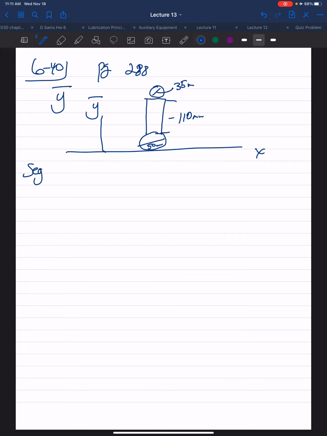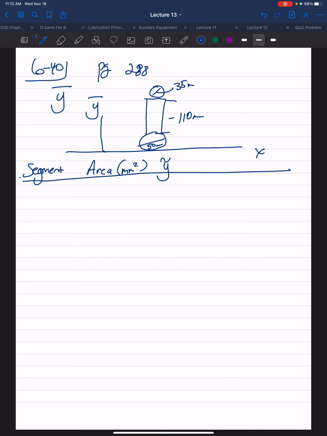So let's get to work and set up our table. Here they're not asking for the x component, so we do not have to worry about that. So we have our area, this is in millimeters squared.